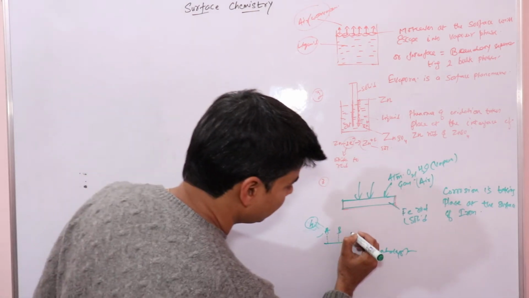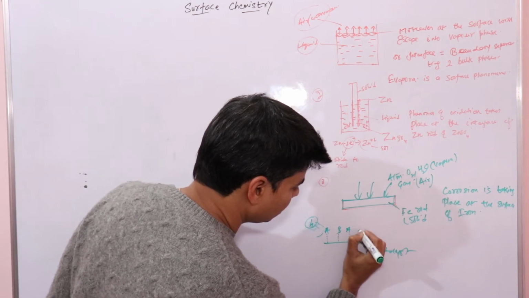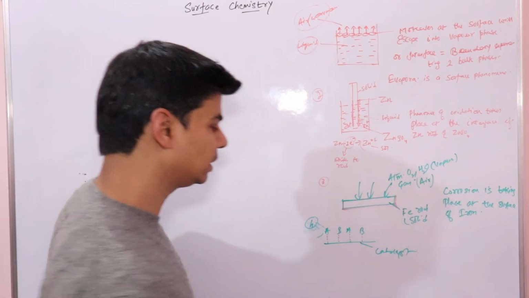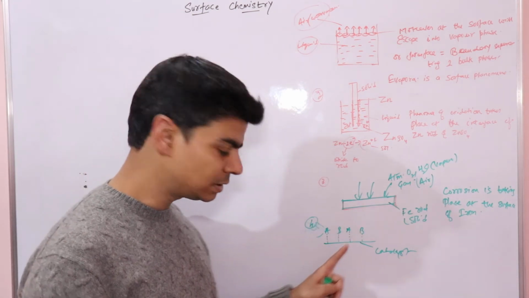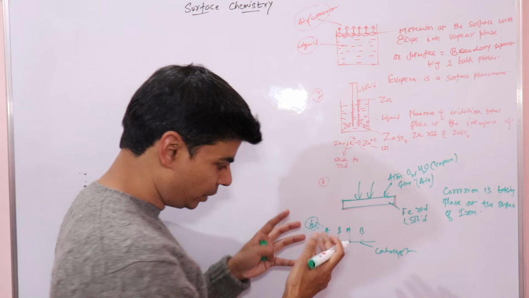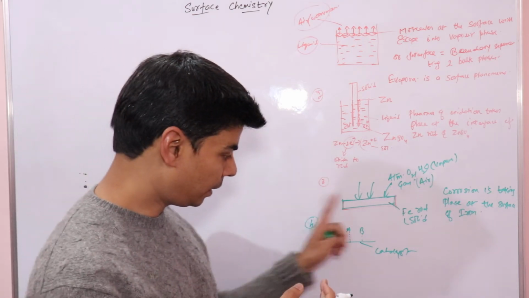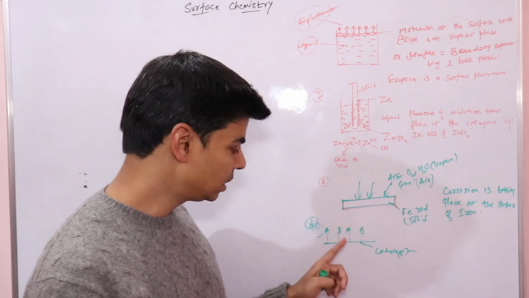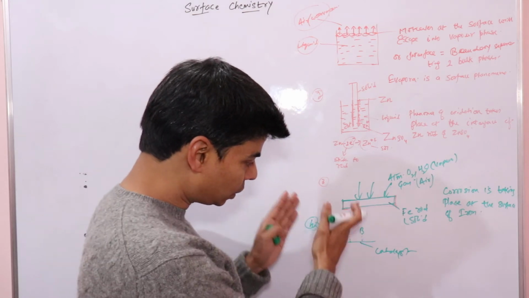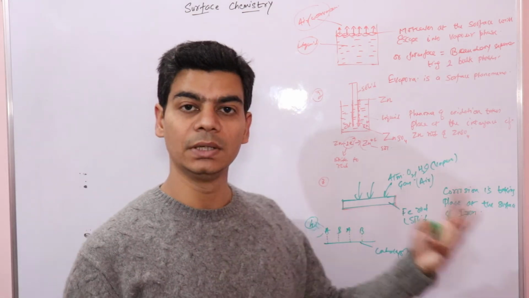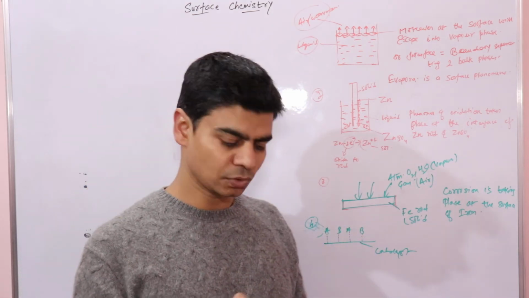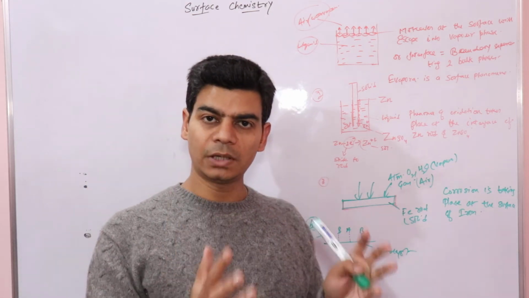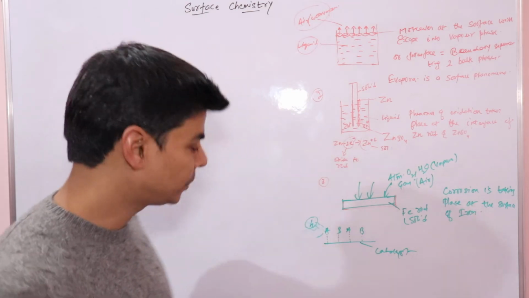So here also it will form temporary bonds with the catalyst. When these gases form temporary bonds with the catalyst, they come close to one another at the surface of this catalyst. So at the surface, the concentration of these reactants has increased. When there is more concentration, the chances of effective collisions will increase, right?